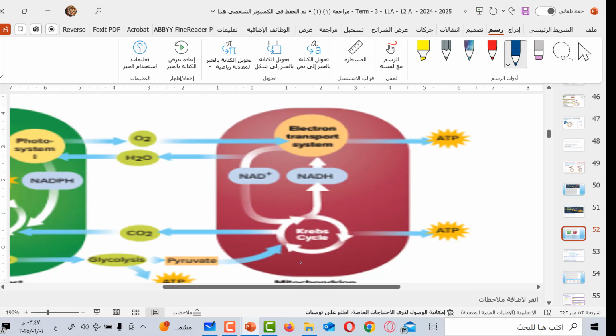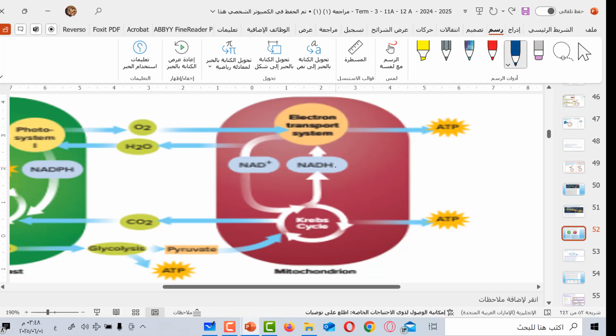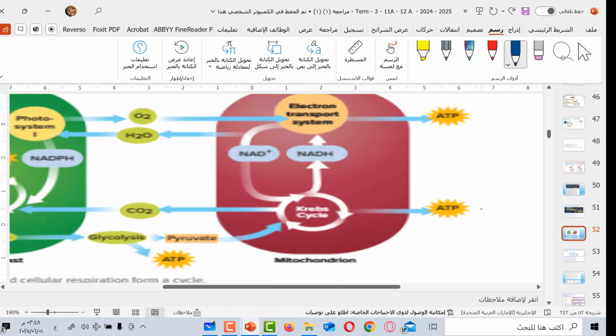H2O comes from the electron chain reaction and is used in photosynthesis, and CO2, which is released in the Krebs cycle, is used in photosynthesis. The electron chain reaction takes NADH from the Krebs cycle and gives NAD plus, and the Krebs cycle produces ATP.